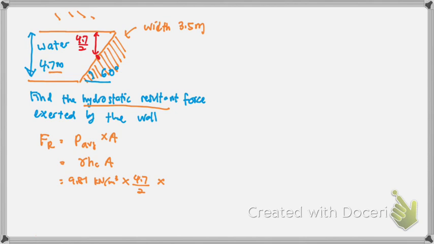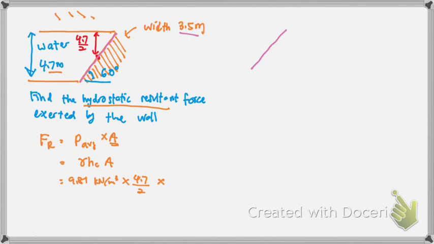A is defined as the surface area in contact with the water. So from the diagram, you know that you need to find the length here, times 3.5. How to find that?